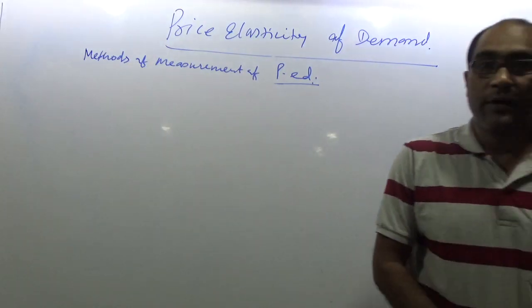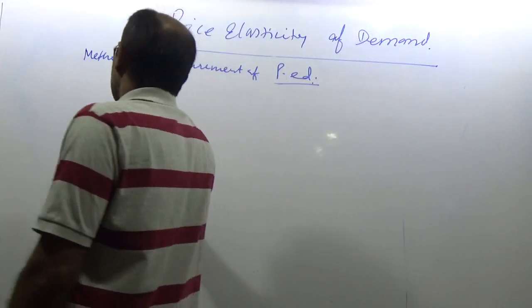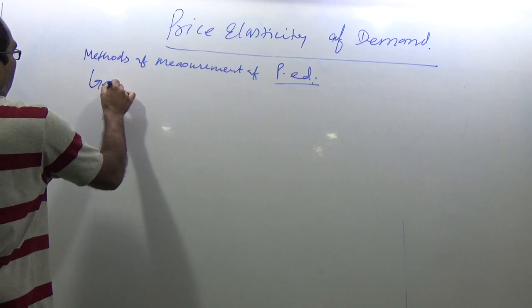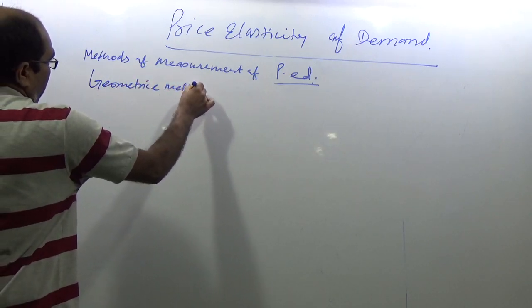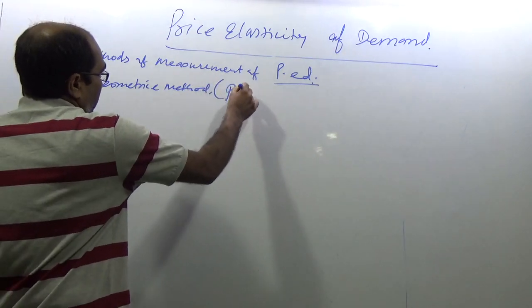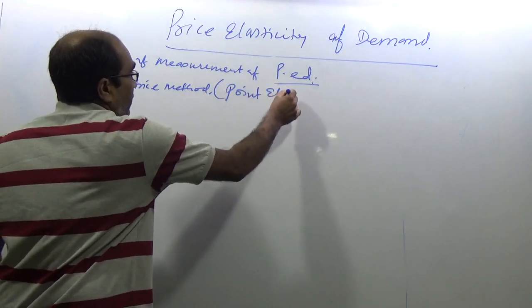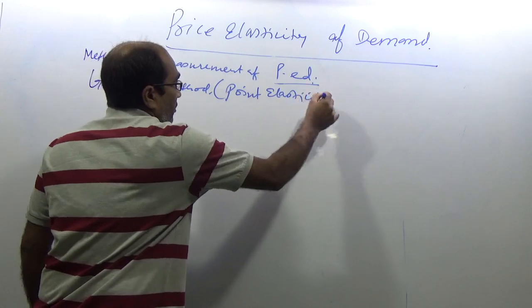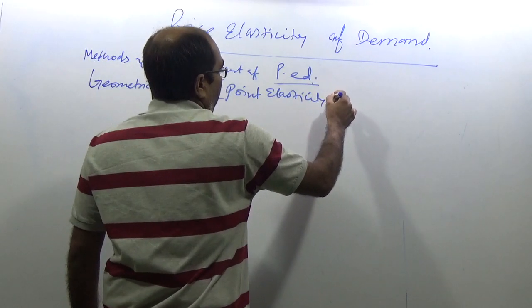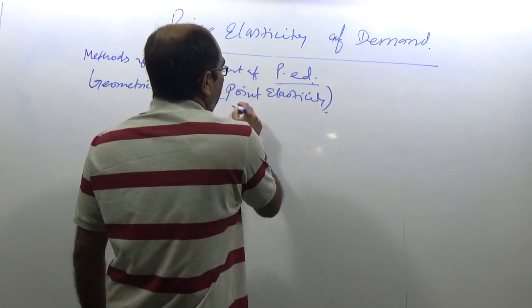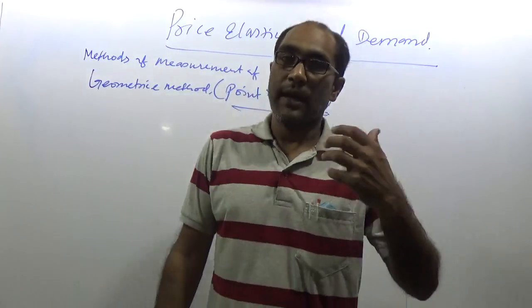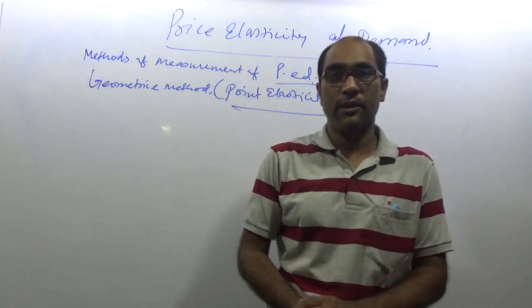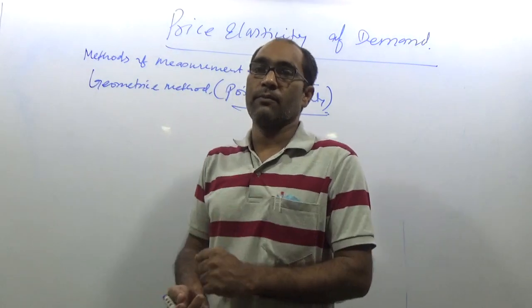But the fourth method, the geometric method or point elasticity, is very simple. You can calculate elasticity through the diagram.